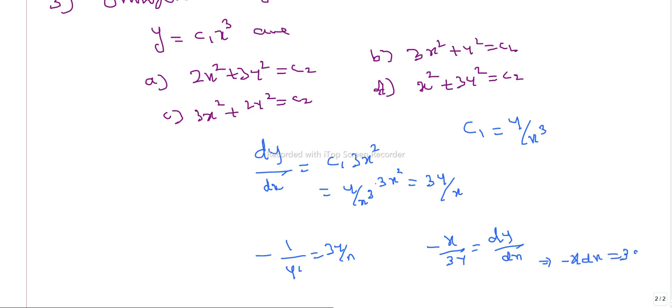Therefore, if we integrate, we have 3y square by 2, and this x square by 2 we can take to this side, so 3y square plus x square equal to c2, some c2. Therefore, the last one is the correct answer, the orthogonal trajectory of the given family of curves.